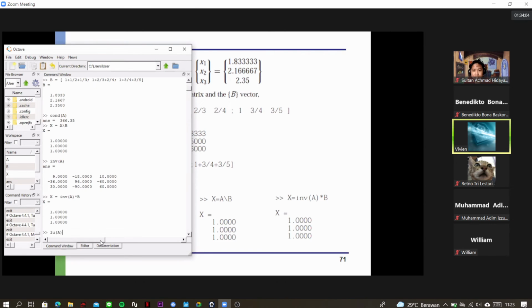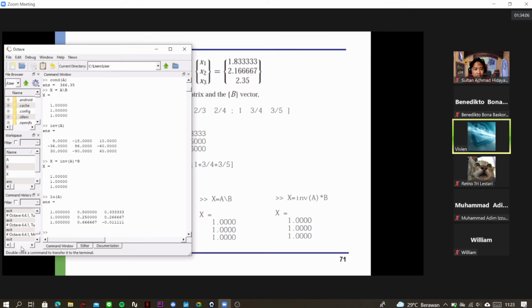We have LU as well, so we can find LU. With LU here, we have this value. When we do LU of A, the matrix here is full, only one matrix, but it's full.